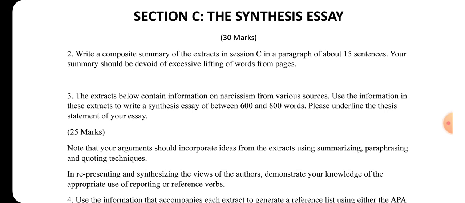So you have to write a composite summary of the extract in Section C. They didn't give you a comprehension to summarize, but this time around they said the extract they have given to you, you are to summarize that extract, and you are also to write a synthesis essay based on the extract they've given to you.